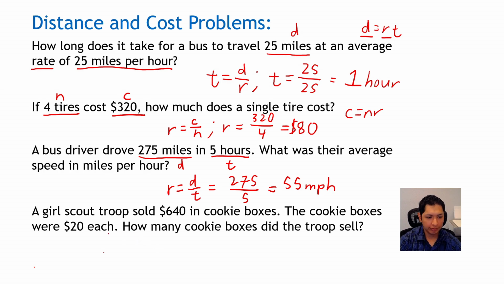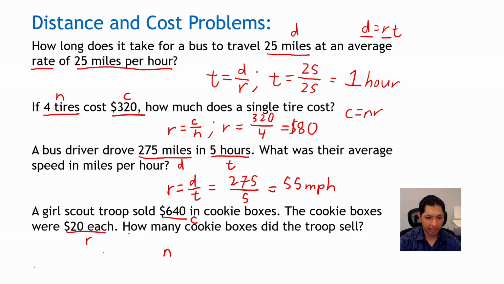Now the last problem. A Girl Scout troop sold $640 in cookie boxes. The cookie boxes were $20 each. How many cookie boxes did the troop sell? So $640 is the total cost, so C, and the cookie boxes were $20 each, which in the cost formula is equal to the rate or price per unit. So since I know C and I know R, I am solving for N, the number of units, which makes sense.